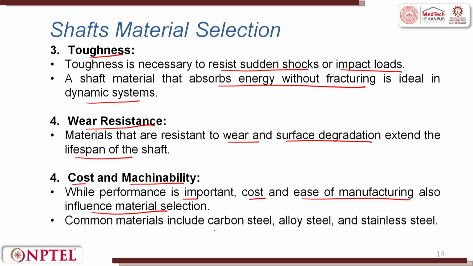Common materials include carbon steel, alloy steel, stainless steel and so on. For example, using expensive material at places where even stainless steel would be used is cost inefficient. Wear resistance is more critical when we talk about bearings, which involve friction or other moving parts.